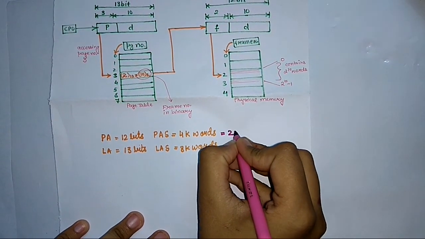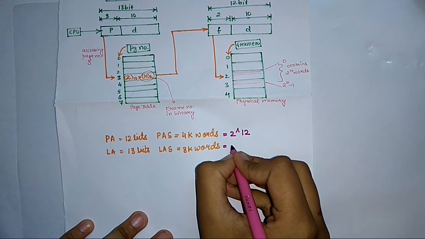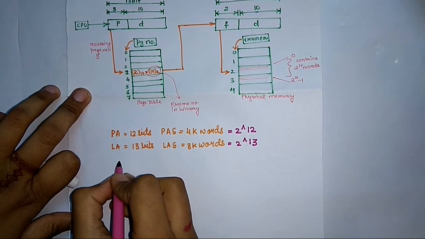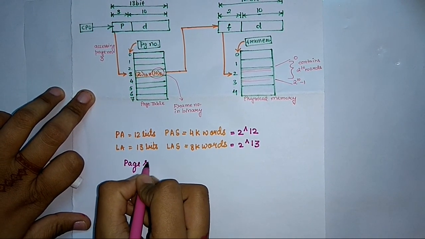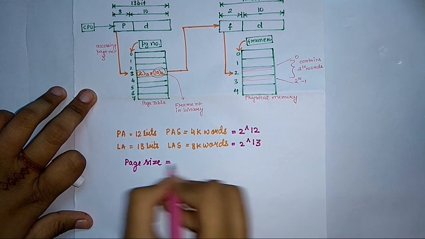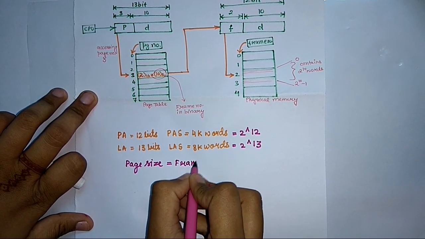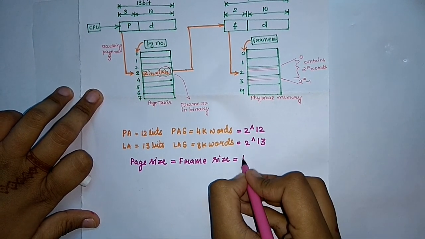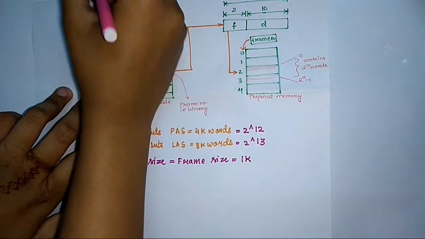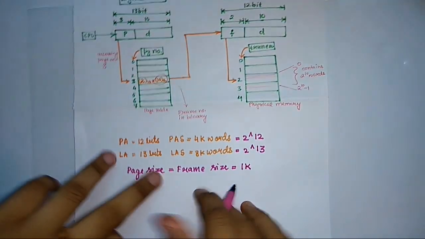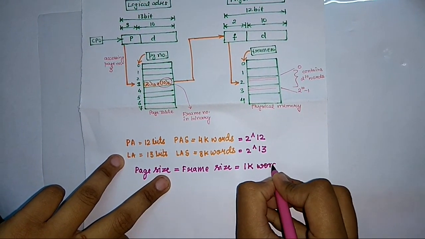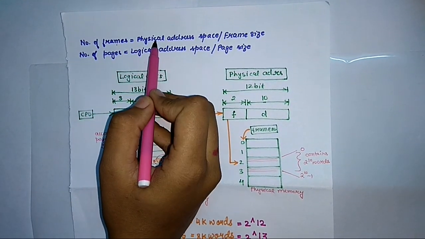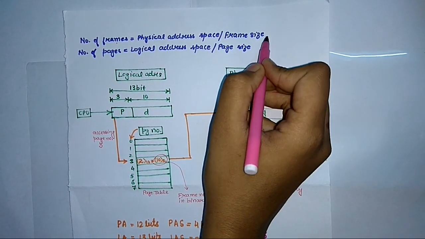So this is equal to 2 to the power 12 and this is equal to 2 to the power 13. Now let us assume the page size. As we know, page size is equal to frame size. So in this case, we'll assume the page size is equal to 1K words. As you can see here, number of frames is equal to physical address space divided by frame size.